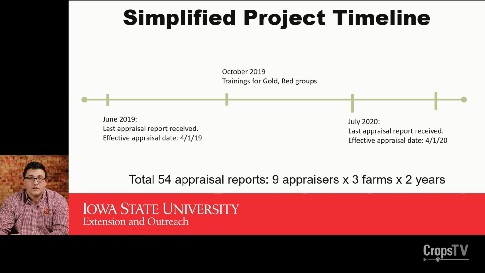The only difference between the previous round and the July 2020 round is that some appraisers had gone through our training in October 2019. And all these appraisal reports had the same effective appraisal date of April 1st, 2020.